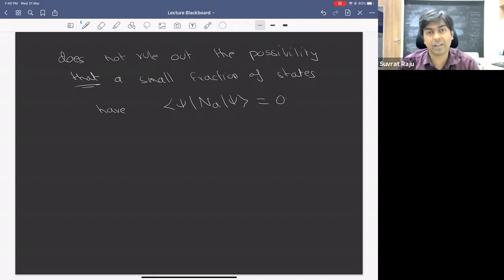So the fact that these paradoxes do not rule out the possibility that a small fraction of states can have empty horizons is important, because they tell you that these arguments that we have just from classical physics saying, look, we formed a black hole from the collapse of matter and it doesn't have a firewall, are not enough to rule out the fact that for typical states, you might still have a firewall. Okay, so that's the significance of this part, and this also applied to the previous paradox that we have about negative occupancy.